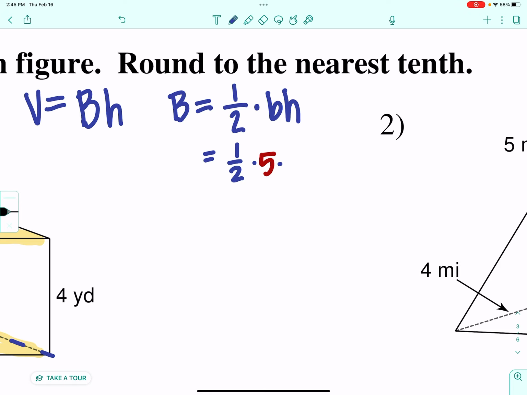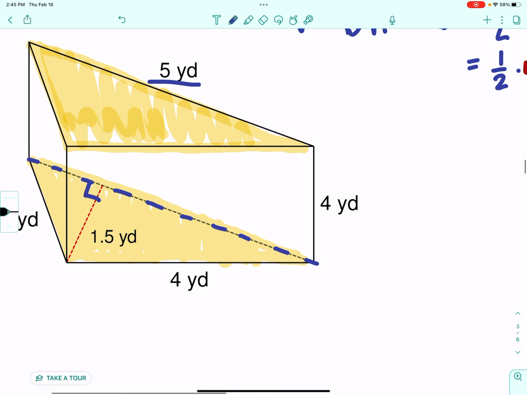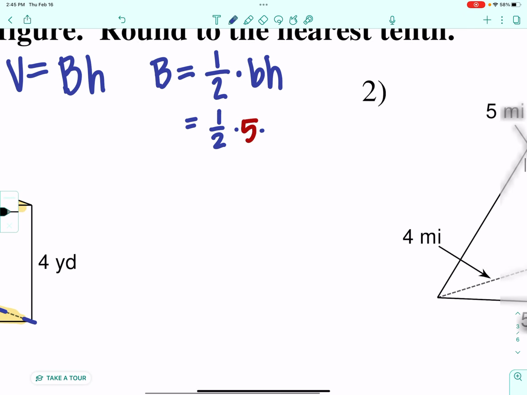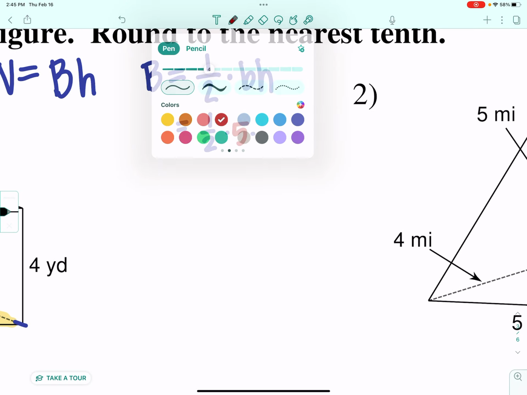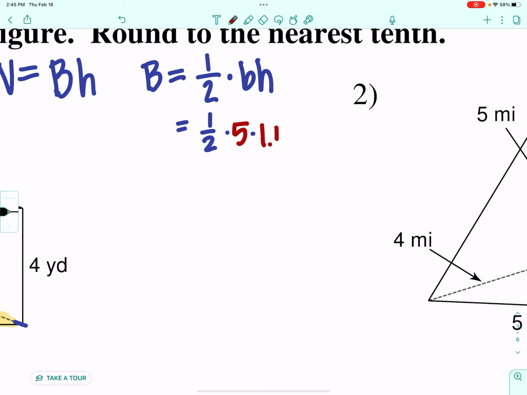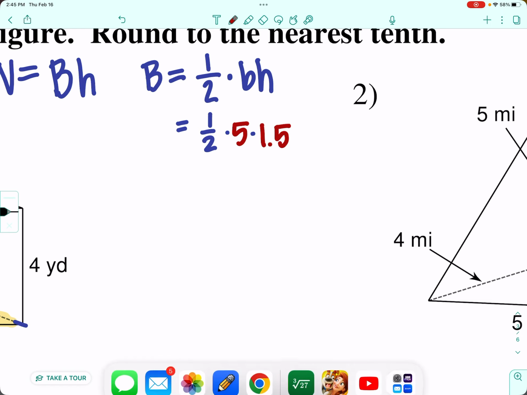Excuse me. Now I need the height of my triangle. The height is perpendicular to the base of the triangle. So that's 1.5 yards. I'm going to plug that into Desmos.